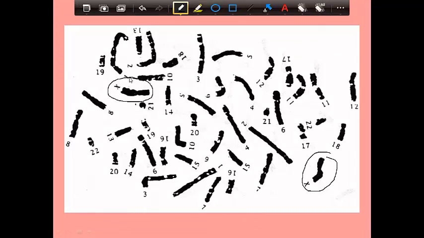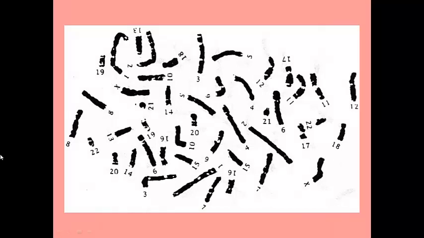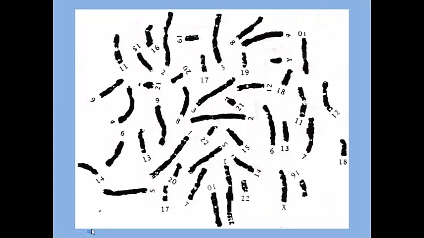That's also an X. Okay? All females in the human genome are XX. In other words, we have 2 X chromosomes. So that's something you want to make a note of in your notebook. Females are XX.